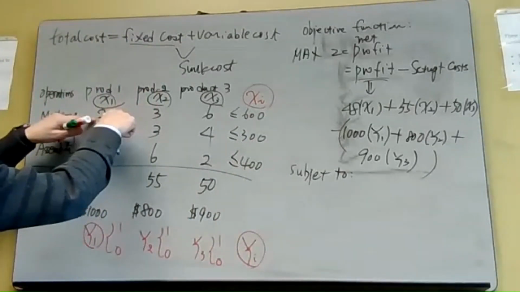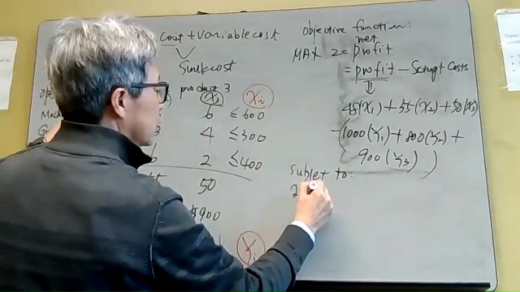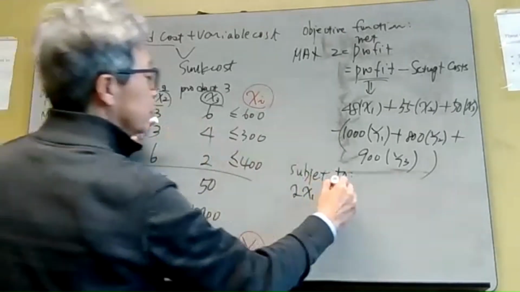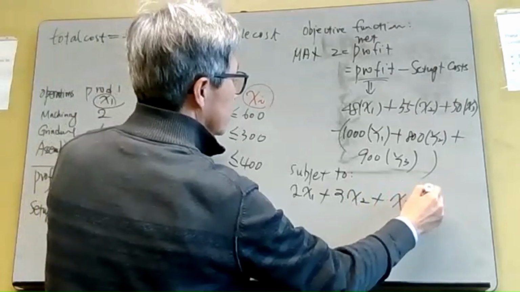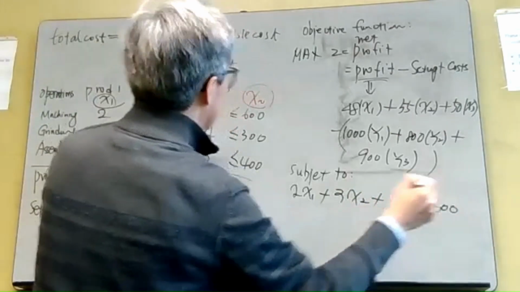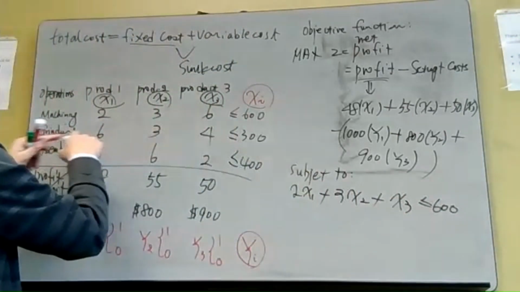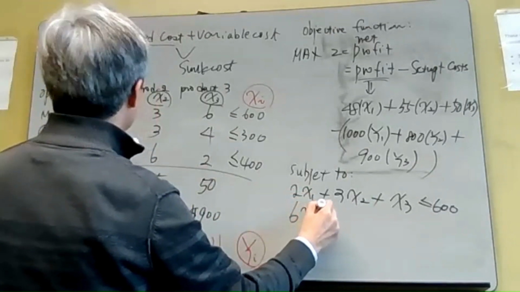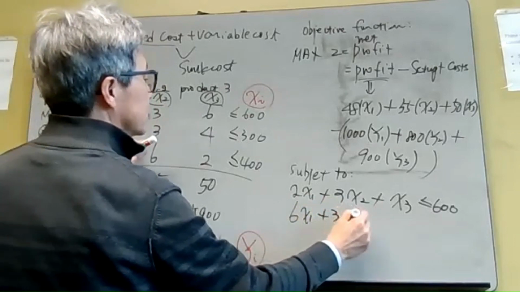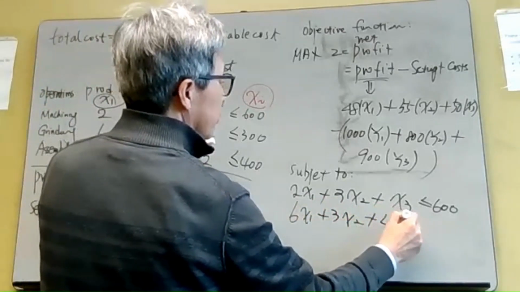Now 2x1 plus 3x2 plus 6x3 should be less than or equal to 600. For grinding operation, you need 6 hours for x1, 3 hours for x2, 4 hours for x3.